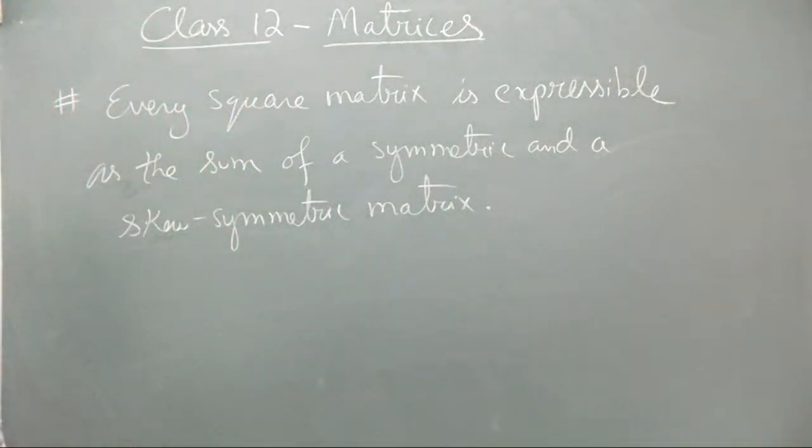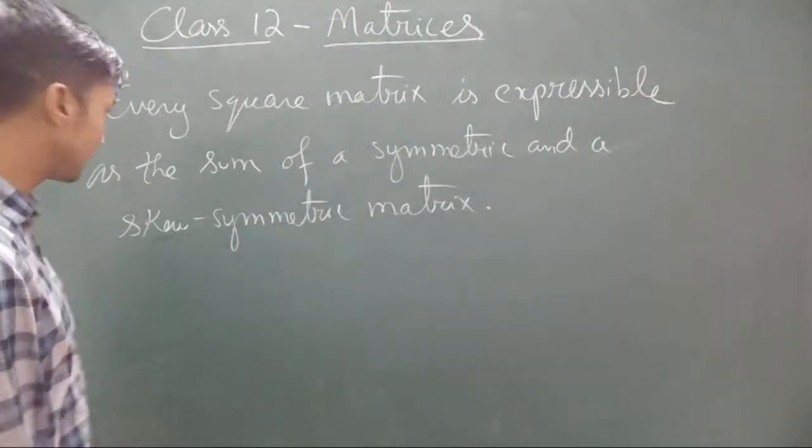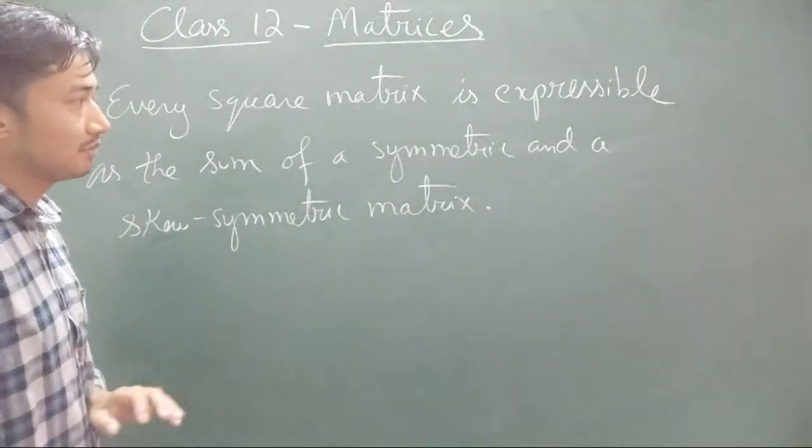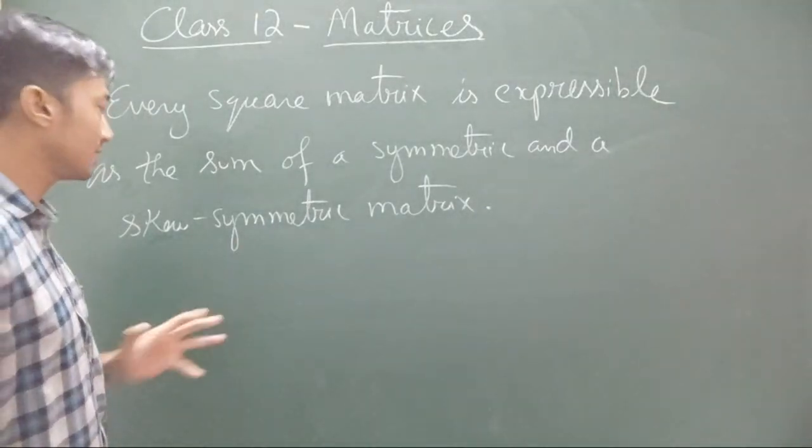This is important. What it says is that every square matrix can be expressed as the sum of a symmetric and a skew-symmetric matrix.